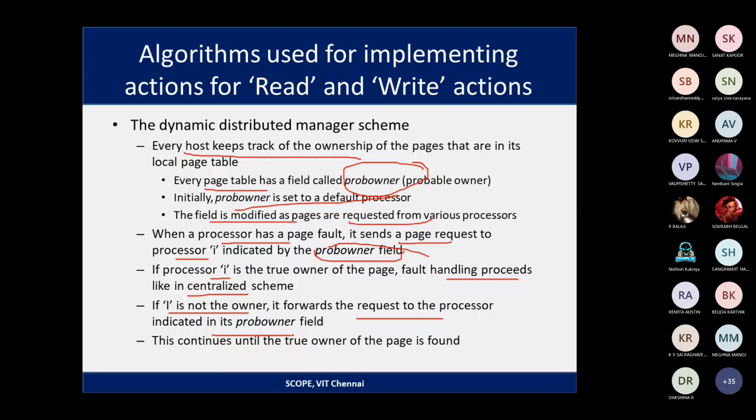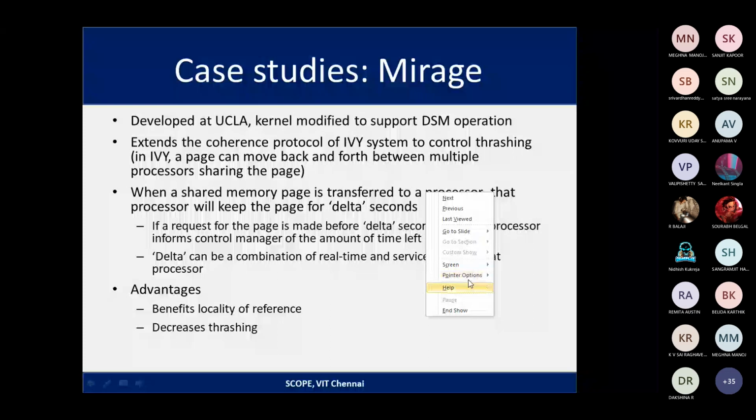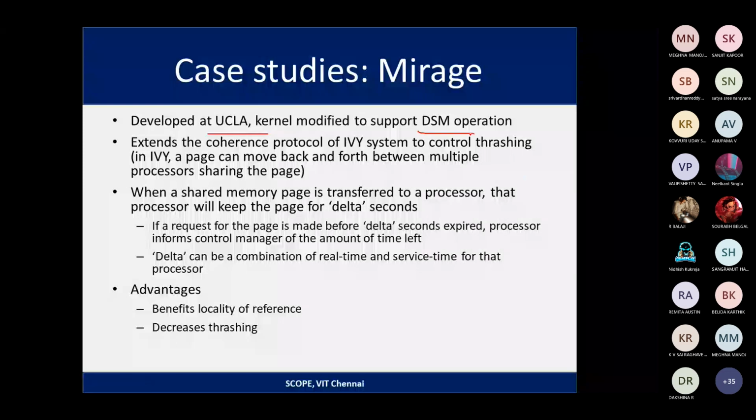Next we have Mirage. Mirage is developed at UCLA, and it extends the coherence protocol of the IVY system for controlling thrashing. When a shared memory page is transferred to a processor, the processor keeps the page for delta seconds.